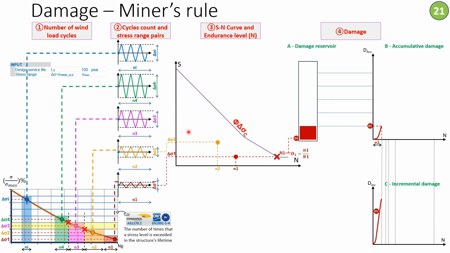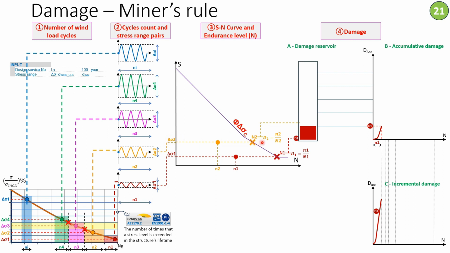Now we'll do the same thing for the second constant amplitude cyclic loading. So we plot this time history as a point on the reduced SN curve: stress range equal to delta sigma 2, which happens for a number of cycles equal to small n2. And then we calculate the endurance, which is the maximum number of cycles to failure under a stress range equal to delta sigma 2.